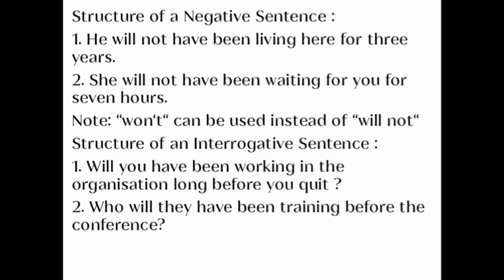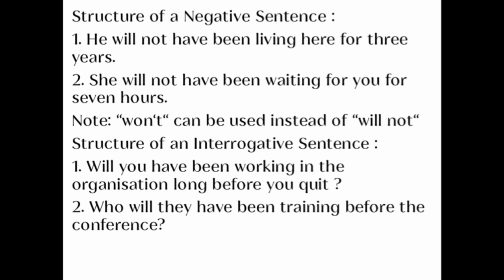Then we have the structure of an interrogative sentence. So it includes will plus subject plus have been plus present participle, base verb plus ing, plus object, or question word plus will plus subject plus have been plus present participle, verb plus ing, plus the object. So the examples are, will you have been working in the organization long before you quit?